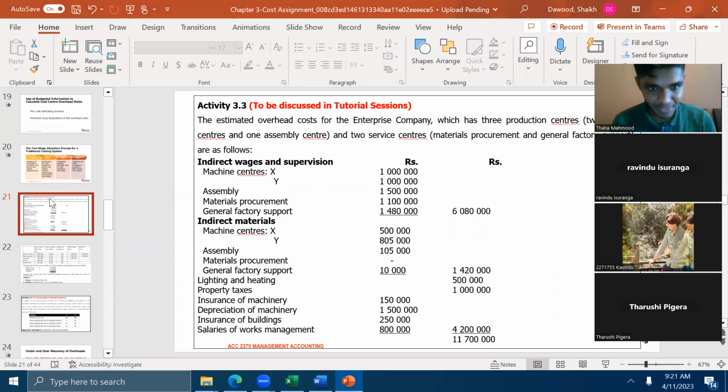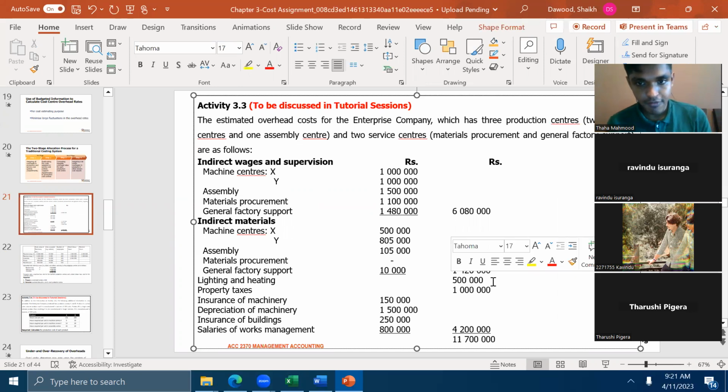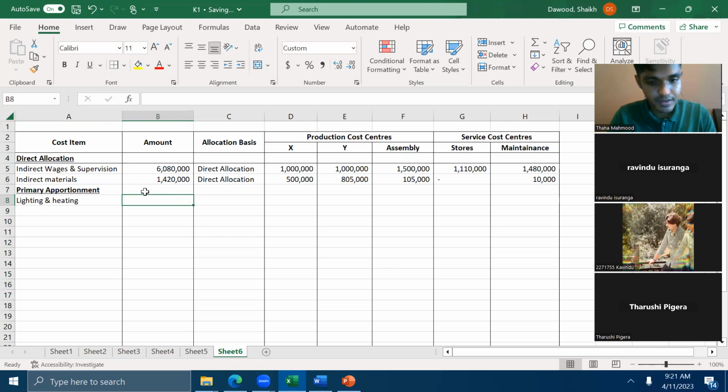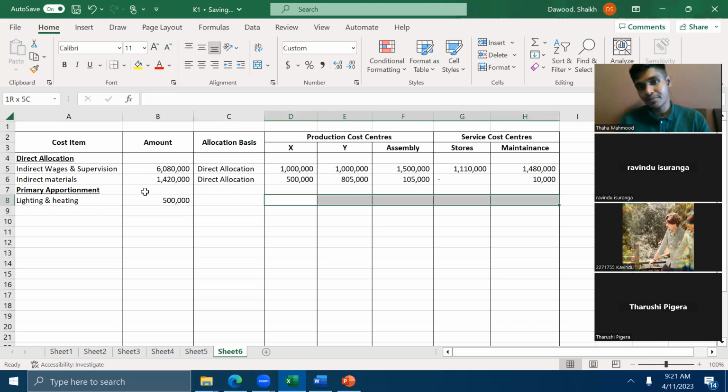Lighting and heating, 500,000 they have incurred. 500,000 for lighting and heating. Now we have to apportion this lighting and heating 500,000 to each of these departments.